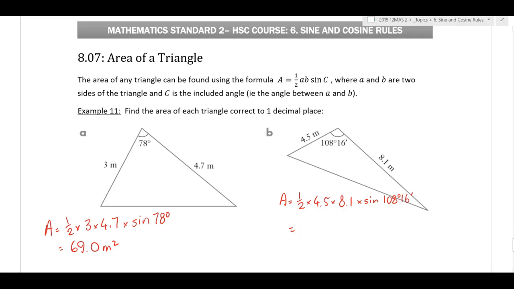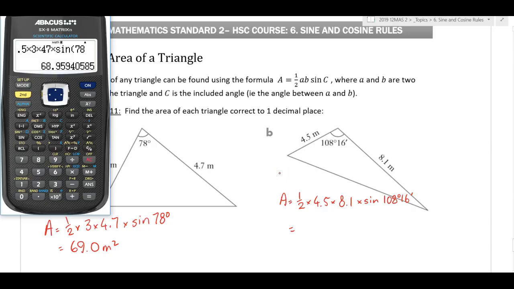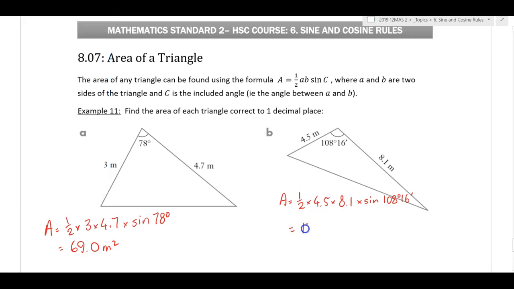Here's my calculator: 0.5 times 4.5 times 8.1 times the sine of 108 degrees 16 minutes equals 17.3 square meters. Fairly straightforward really.